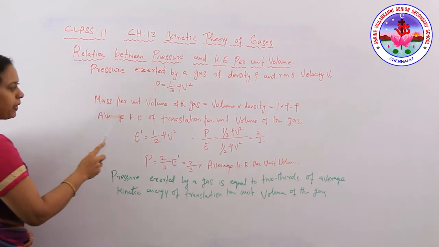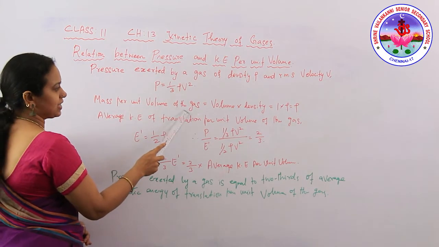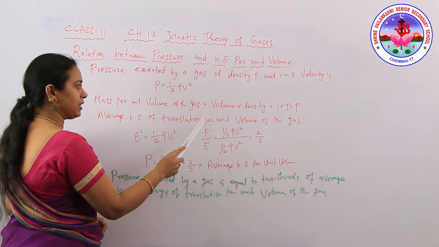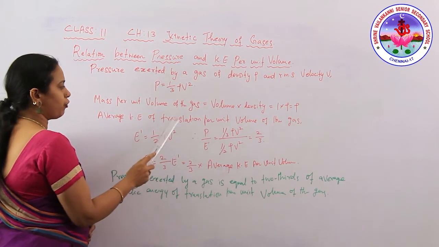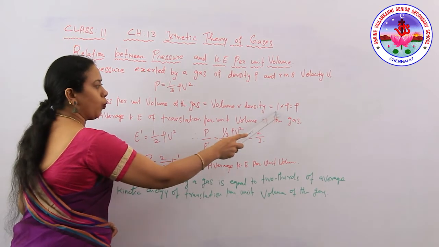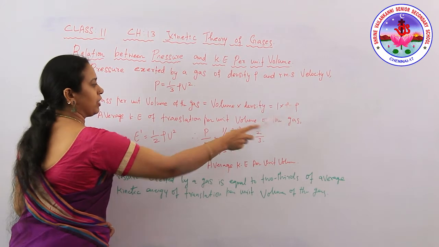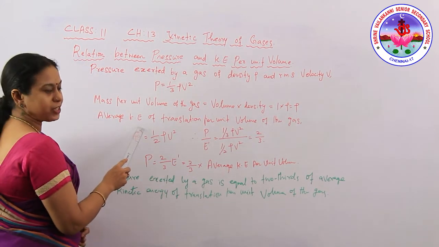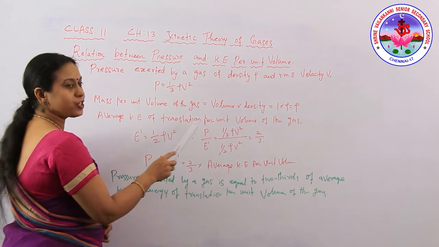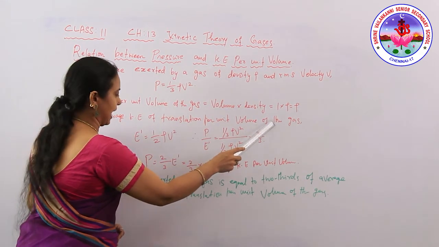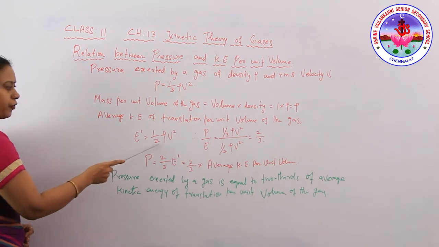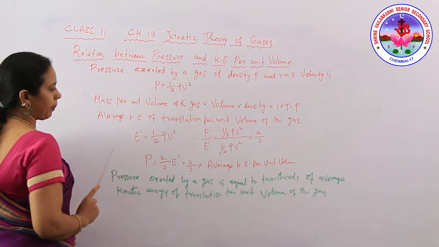Then the mass per unit volume of the gas is volume into density, so 1 into rho is equal to rho. Then the average kinetic energy of translation per unit volume of the gas is E dash, which is equal to half rho V square.